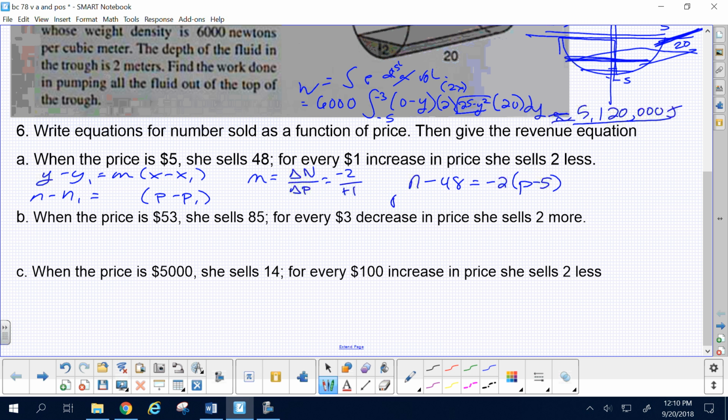Revenue is number sold times price. The whole reason you write this relationship is so you can substitute it into your revenue equation. So your revenue equation would be P times 48 minus 2 times P minus 5, and you can clean that up into the calculus. It's super easy. It's a parabola, so you could even find the maximum without the calculus. Okay, you tracking? All right, try the other two next, please.